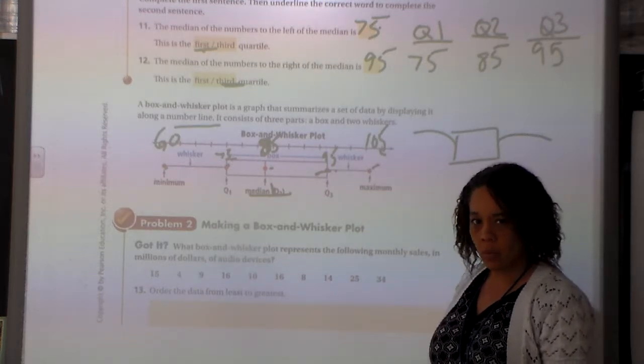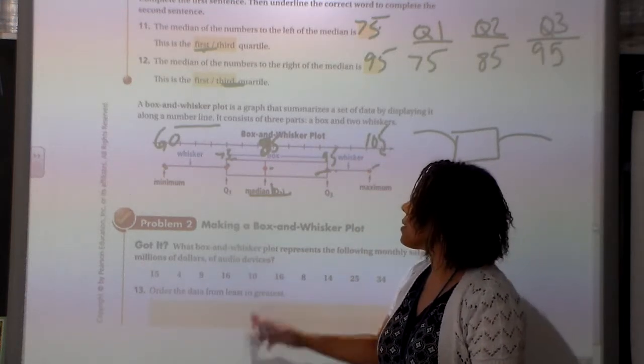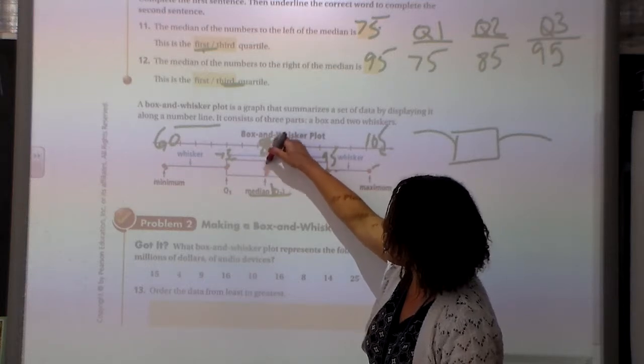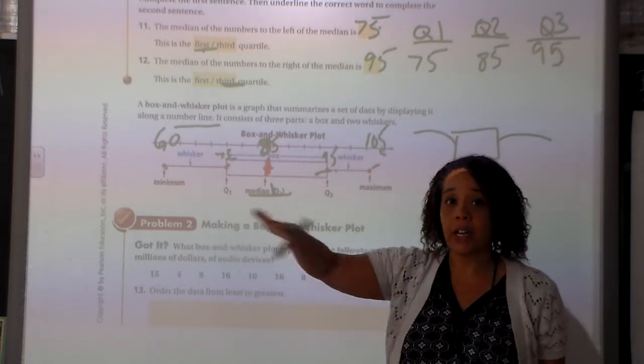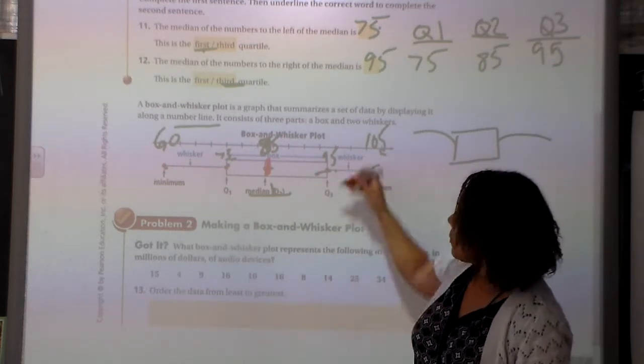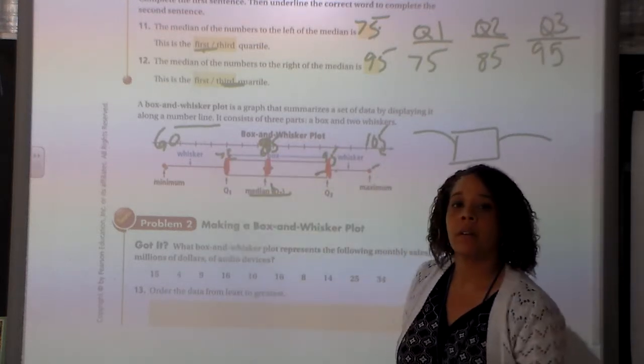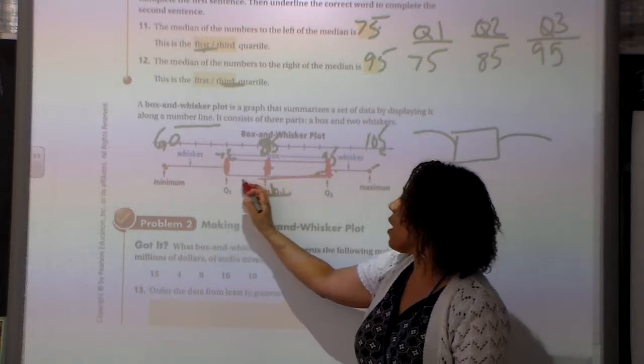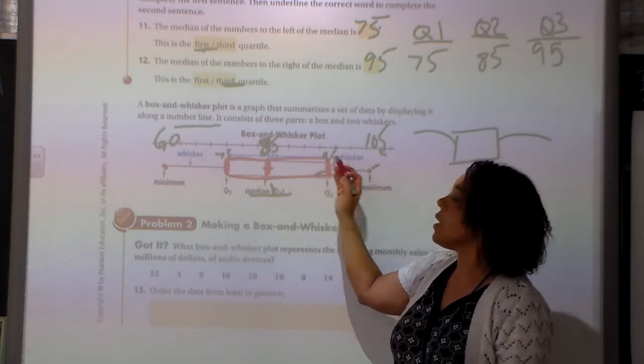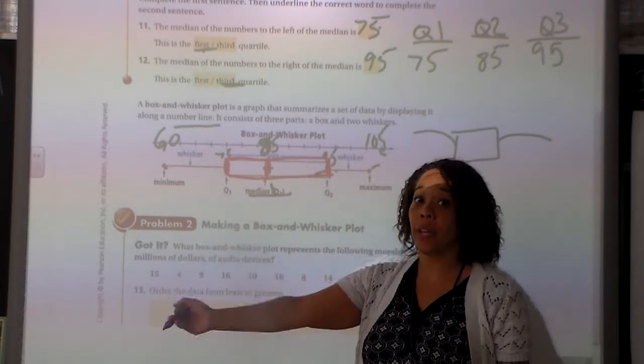The way our box works is you create a box, there's a line through the original median of the entire data set, and there becomes a line over here at each of your quartiles. And when you create this box, this is your interquartile range.